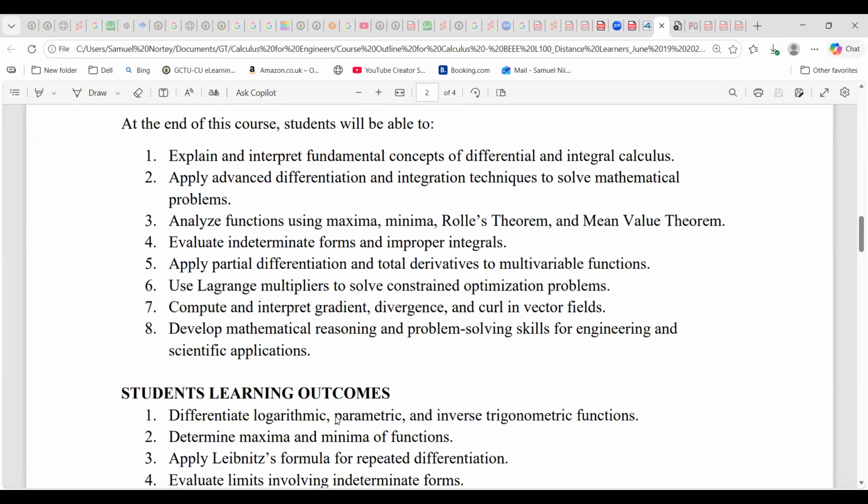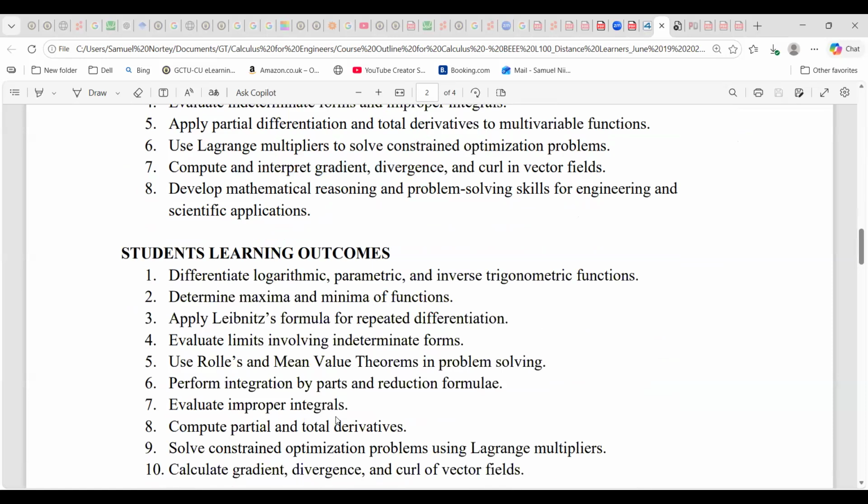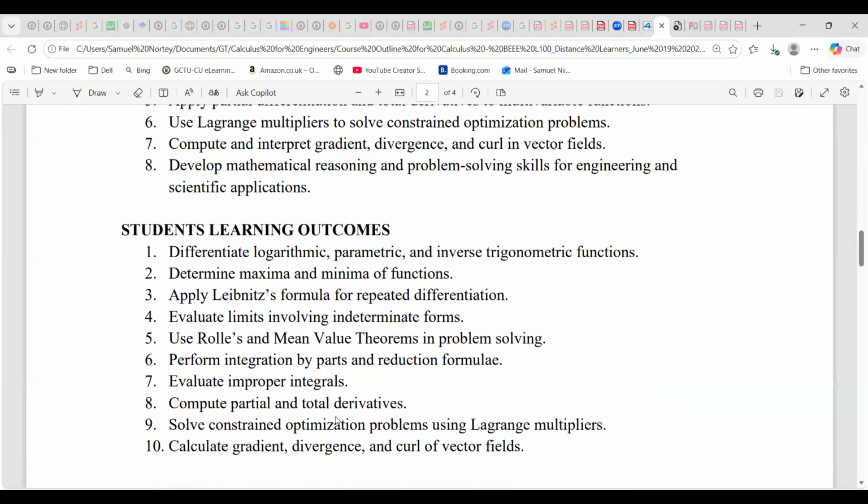Your learning outcomes are one, how to differentiate; two, how to determine maxima and minima of functions; and what is the Leibniz formula and how do you apply it?